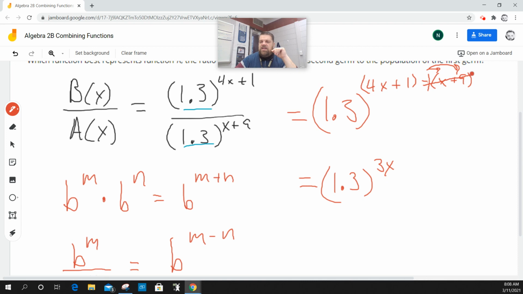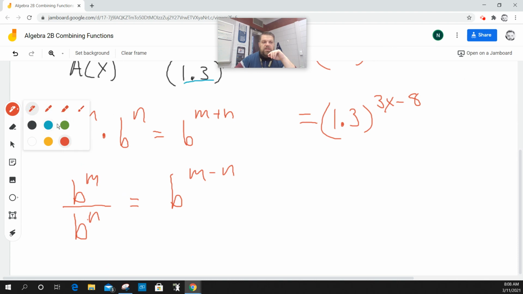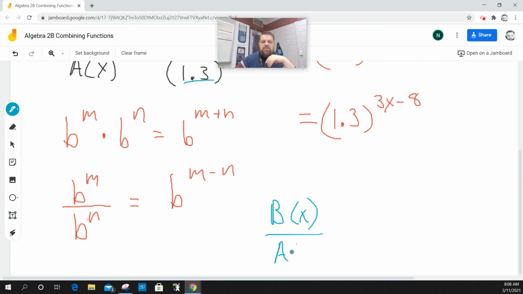Because when I push that negative 1 through the parentheses, I get negative x and a negative 9. 1 minus 9 is just negative 8. Okay, so to clean this up a little bit, b of x over a of x is equal to 1.3 raised to the 3x minus 8.